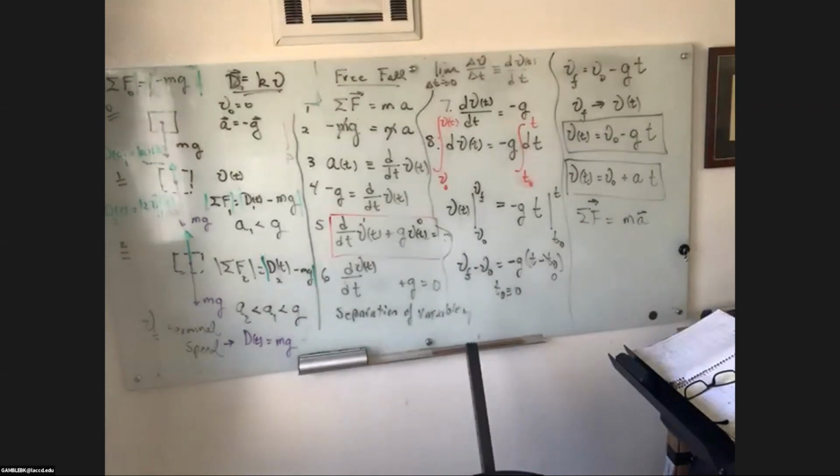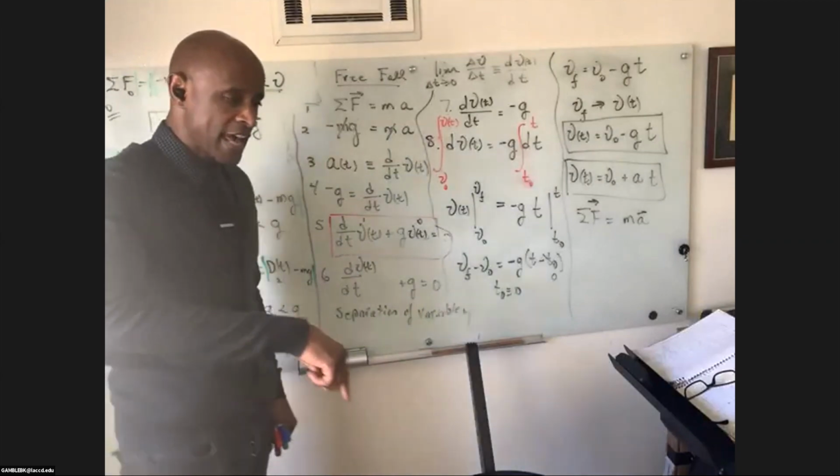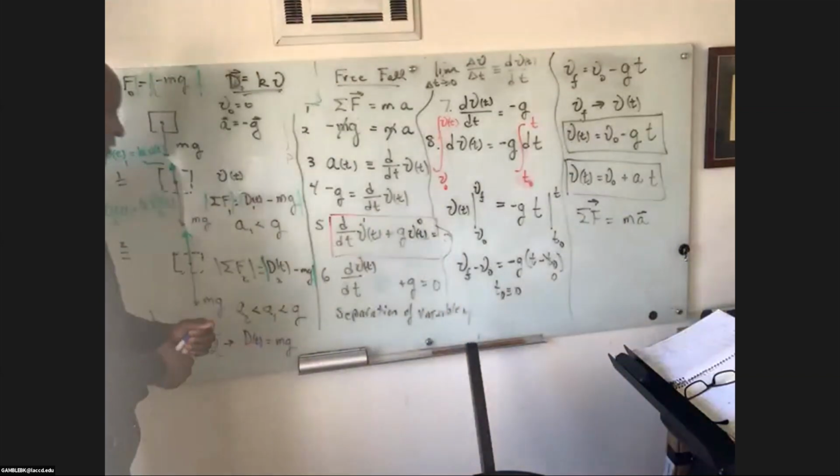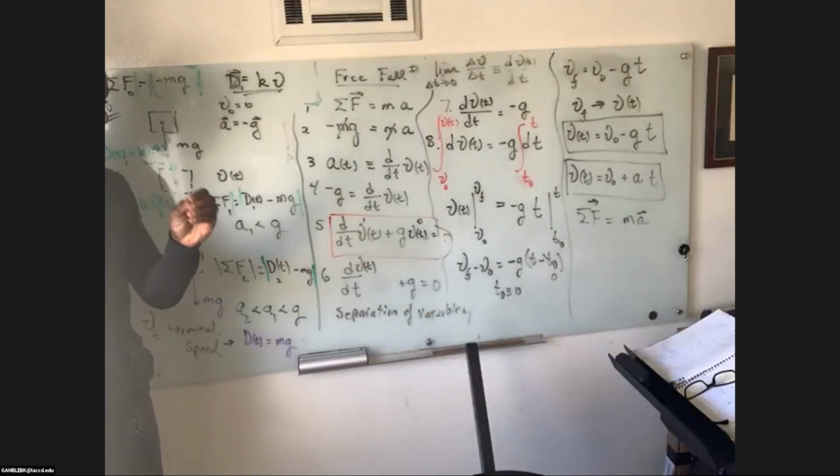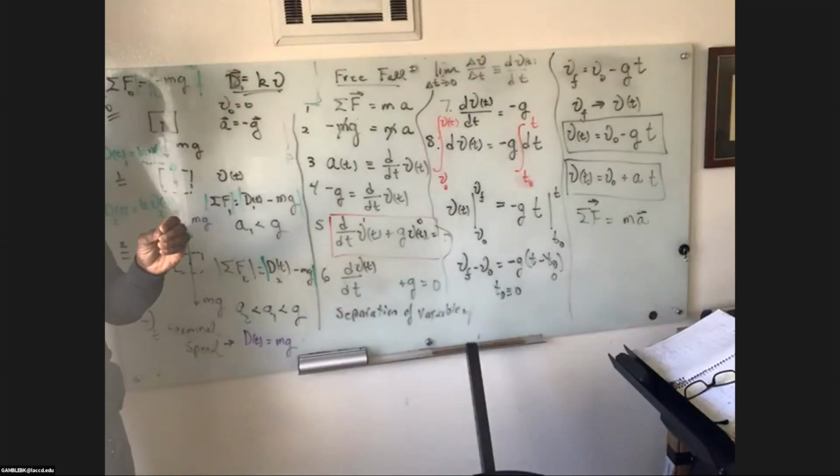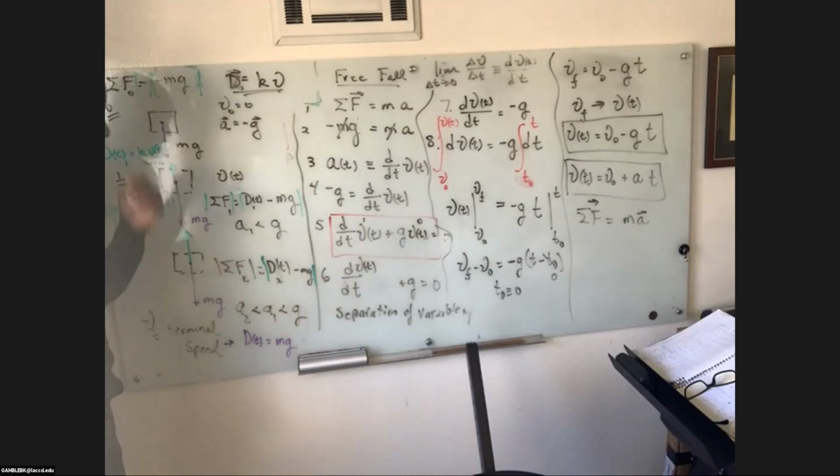When you say V of t, V of t is negative just because the object is going down, and we define down as negative. Okay. So here, let's be careful to talk about V in terms of a magnitude and in terms of a vector.